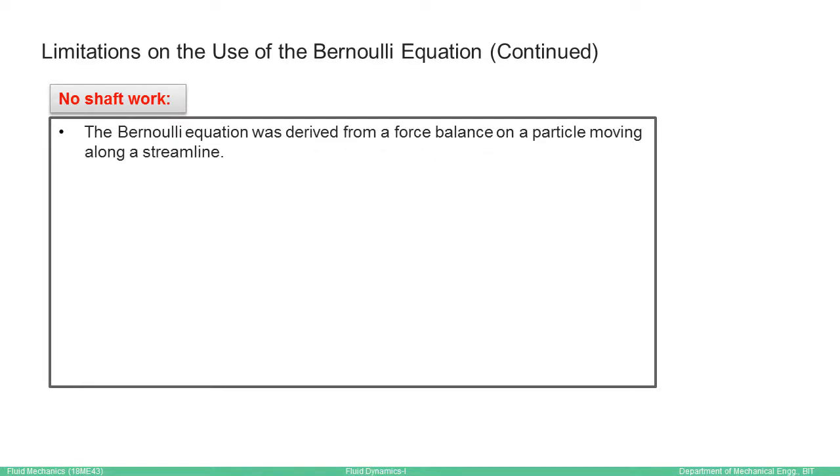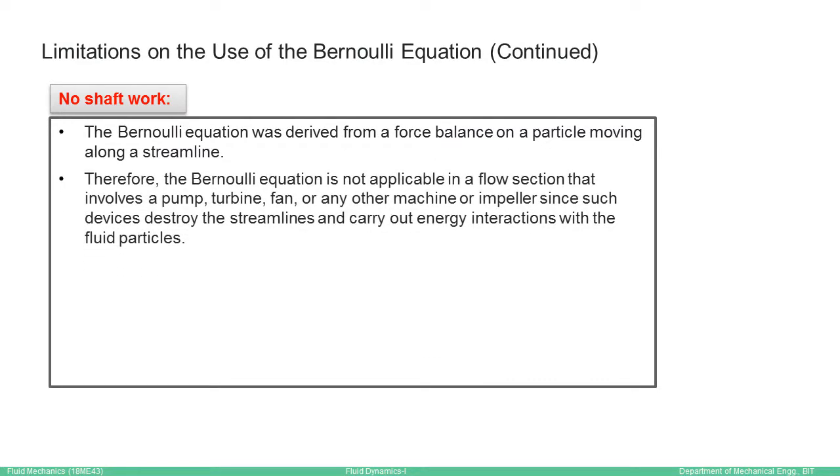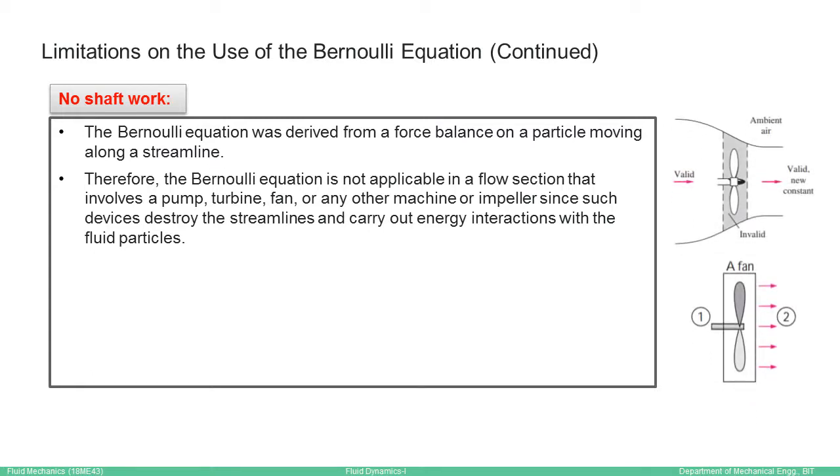When it comes to a fan, compressor or blower, there is an impeller which destroys these streamlines, and continuous energy interaction between the fluid particles takes place. In such cases, we cannot apply Bernoulli's equation. If you look at the sketch there, for the fluid before it comes to the fan, Bernoulli's equation is applicable.